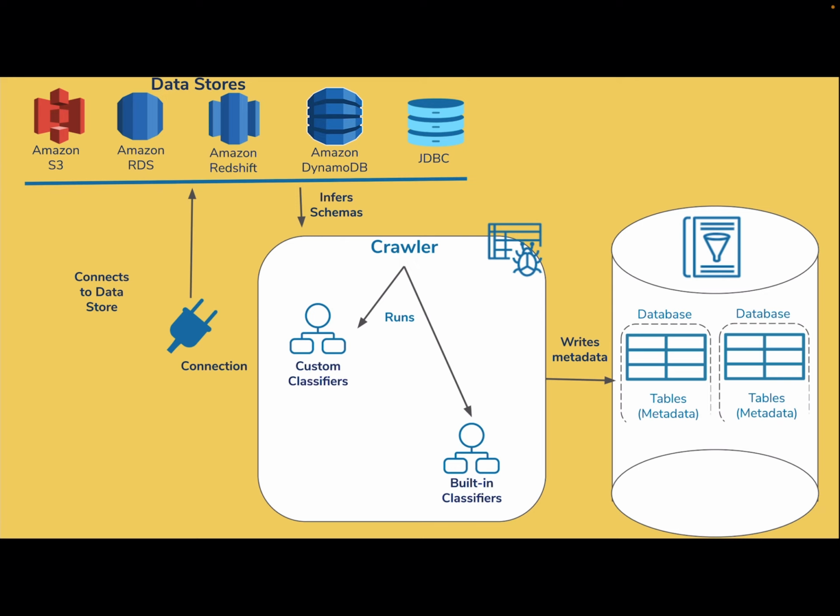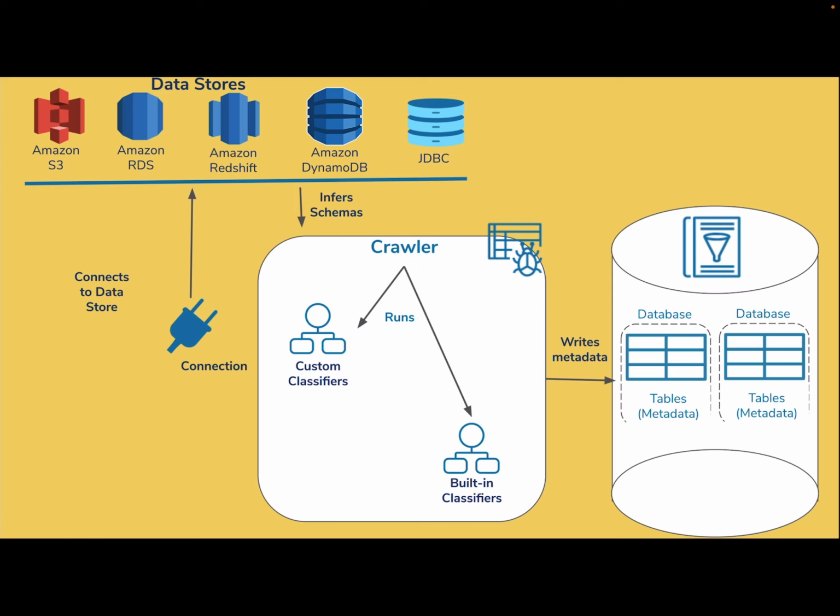The crawler identifies the pattern in any of these sources that we intend to pull the data from, and takes that data and loads it into the data catalog. Once we have this data pulled, we write the metadata into a target database, for example Amazon Redshift, or it could be an S3 bucket as well.